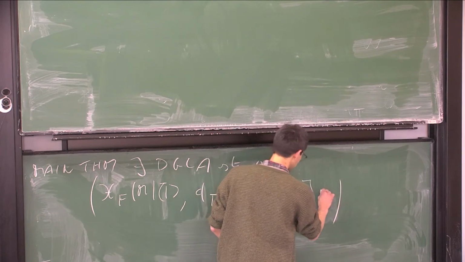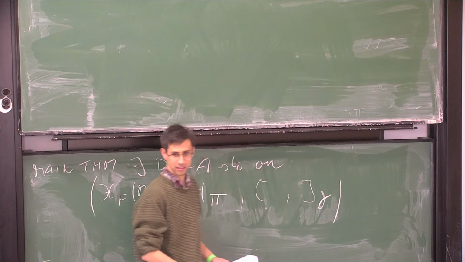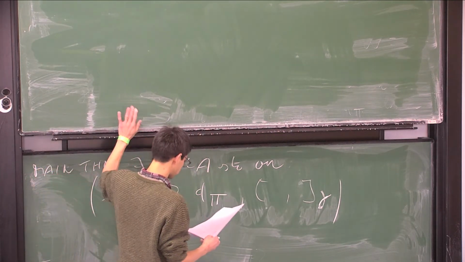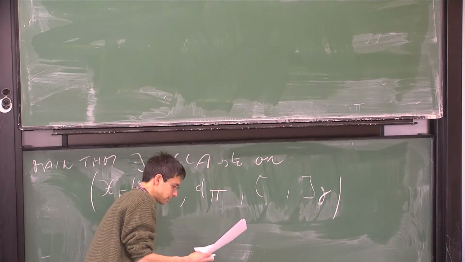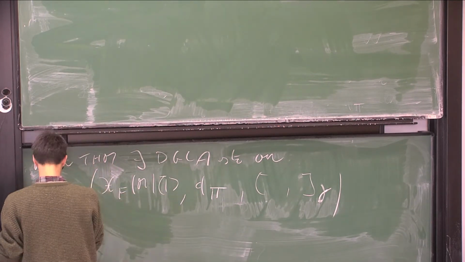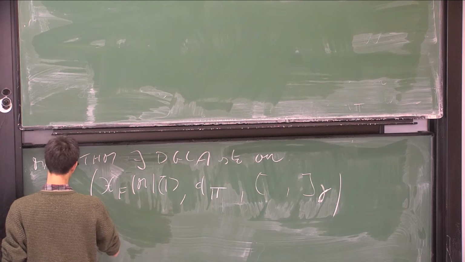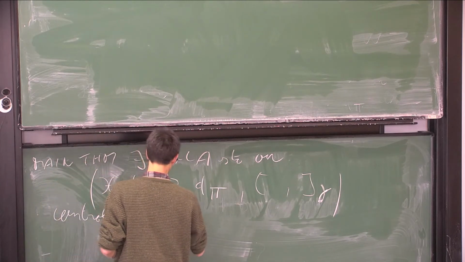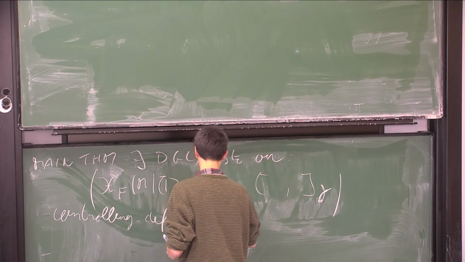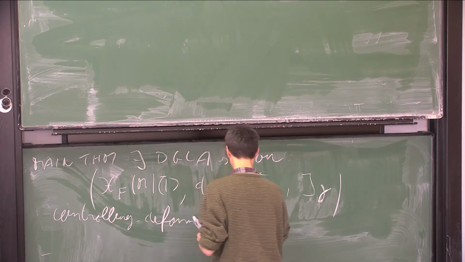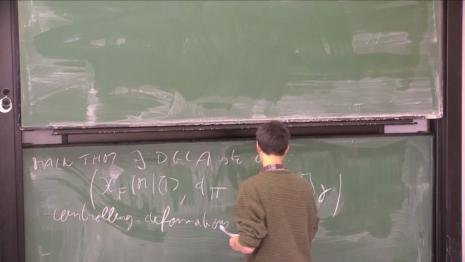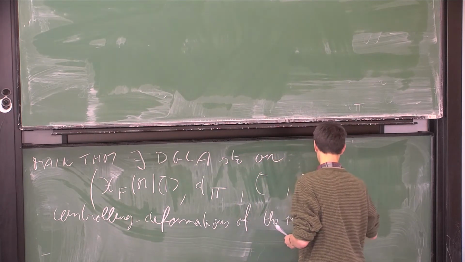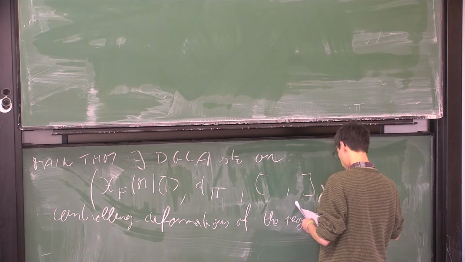This is not the Schouten bracket. It's some bracket that depends on gamma, controlling deformations of pi.